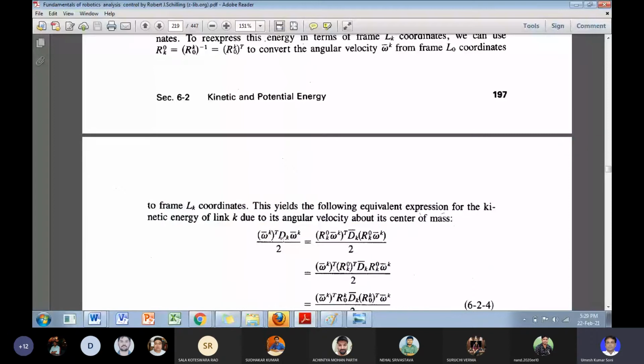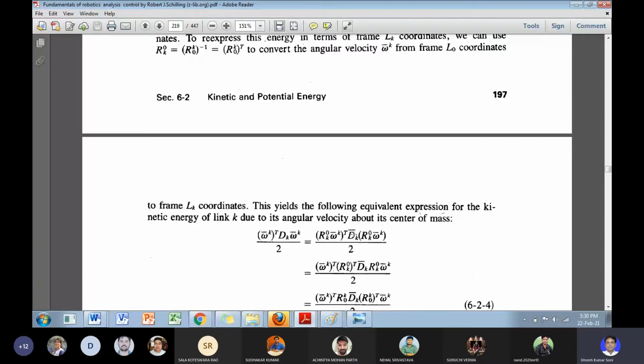So to define it with respect to the kth frame, here you know that this is the angular velocity and the transpose of the angular velocity of the kth joint, and this is the center of mass. The inertia tensor of the center of mass of the kth link with respect to base, we now want to transform with respect to the kth coordinate frame.